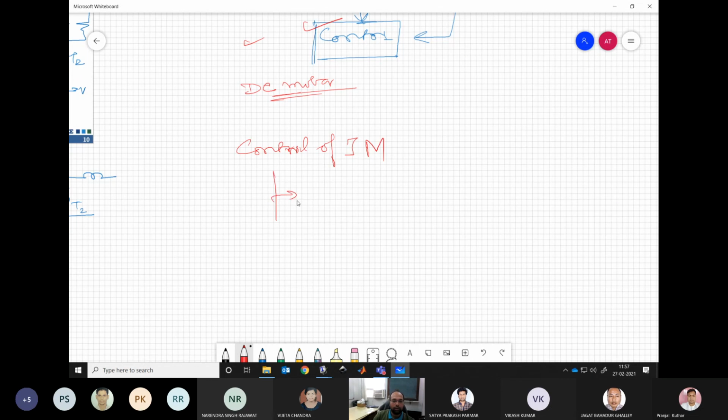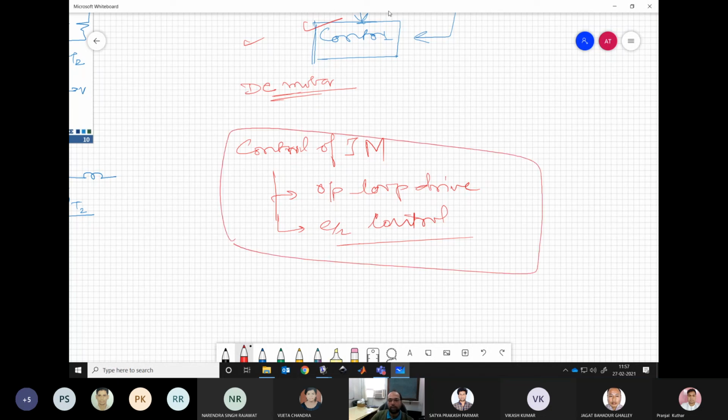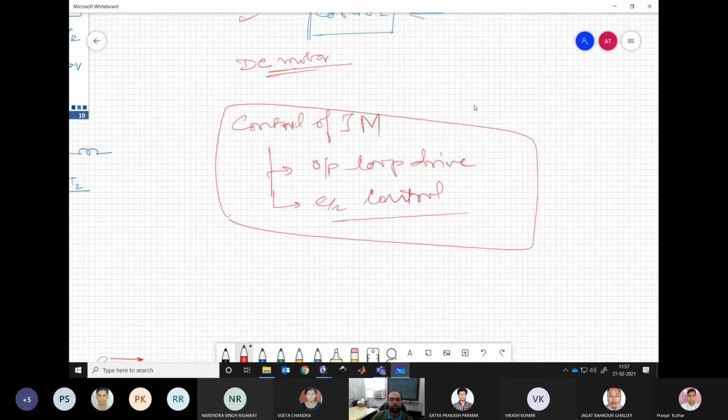Some amount of discussion on the open loop drive, and then further we will move towards closed loop control, which involves vector control or even slip compensation or any other thing.